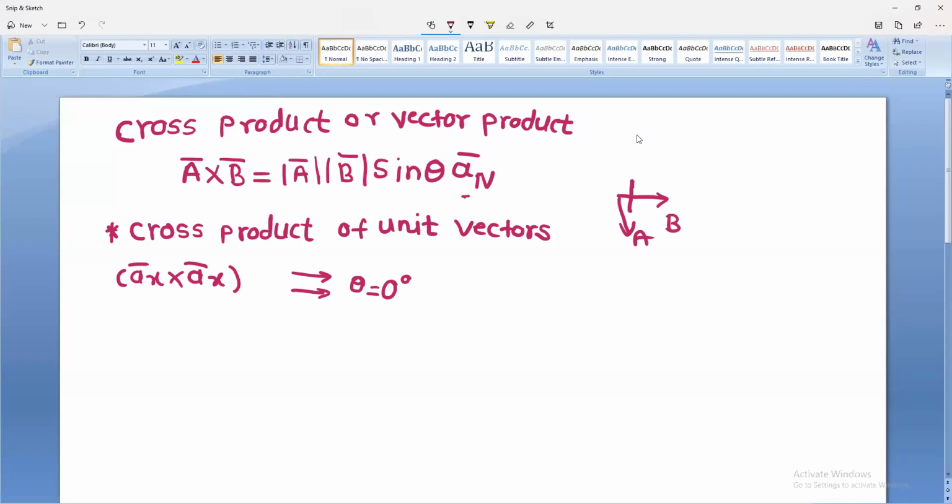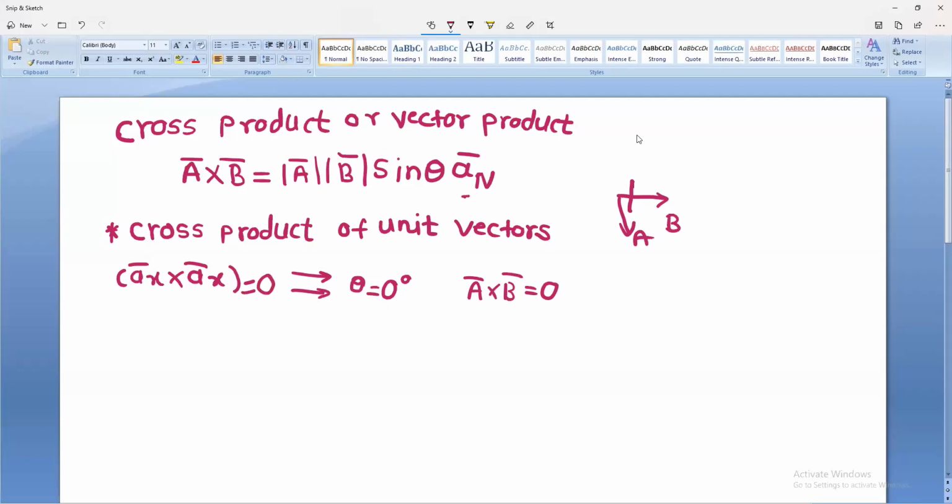Sine 0 is equal to 0. So A bar cross B bar is equal to 0 at 0 degree. Okay, means if there are two same vectors, then their cross product is equal to 0. Here A bar x cross A bar x is equal to 0.